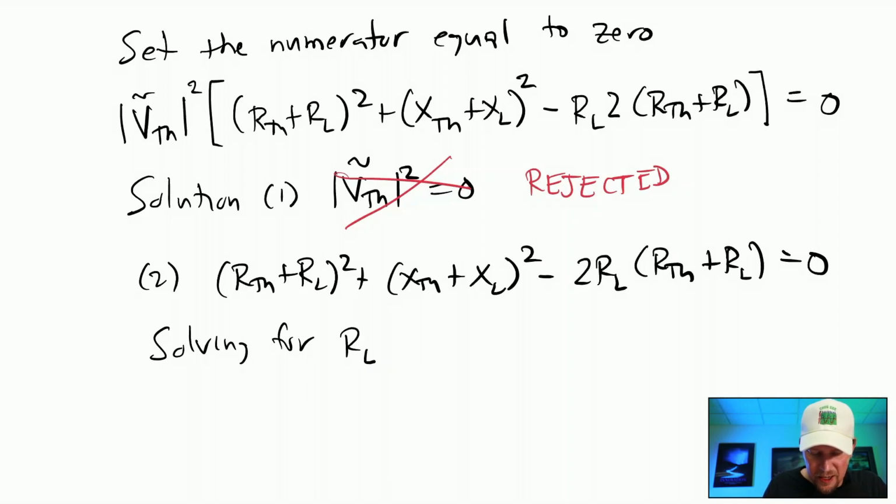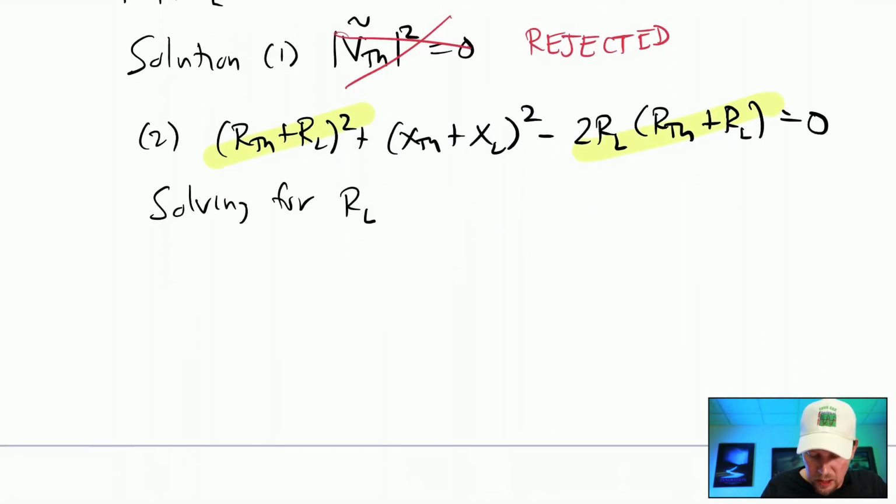Notice that I can actually write out what this is very easily and what that is very easily, and there are going to be a number of very happy cancellations. So here what we actually have is R Thevenin squared plus 2 R Thevenin R load plus R load squared from that first term up here. So this and this are the same thing.